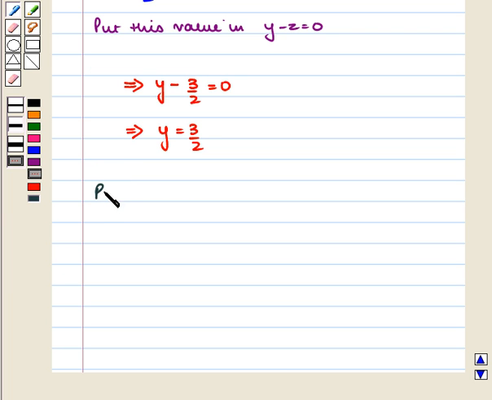Now put y equal to 3 by 2 and z equal to 3 by 2 in x minus 5y plus 3z equal to minus 4.